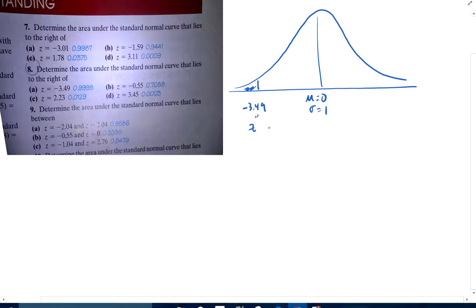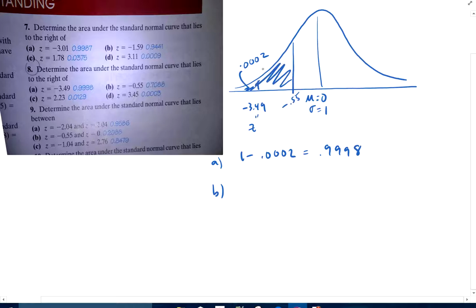What's that area? If I look it up on the table, that's the very smallest entry in the table. You get this area to be 0.0002. Okay. Oh, except we want the area to the right. So the area to the right would be 1 minus 0.0002, which is 0.9998.